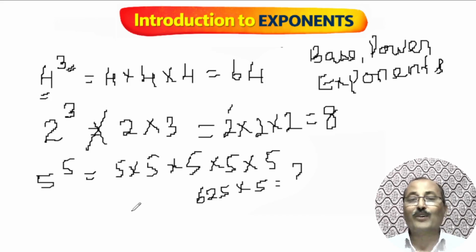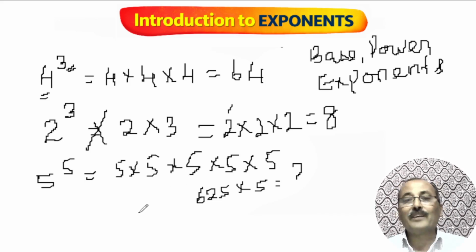So now I hope you are very clear about what a base is, what a power is, and what an exponent is. Can you guess the answer if the small number 2 is the base but the power is 10?